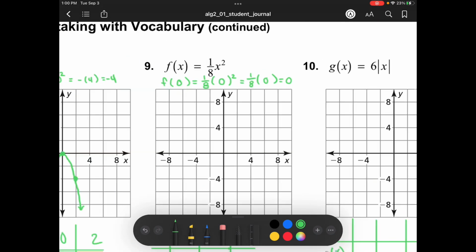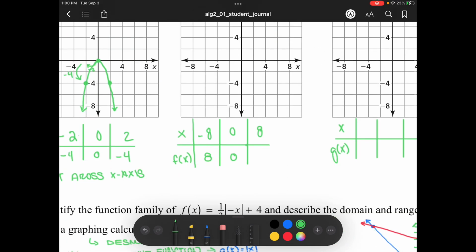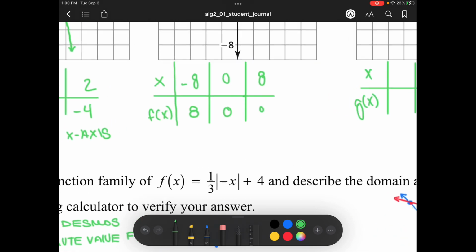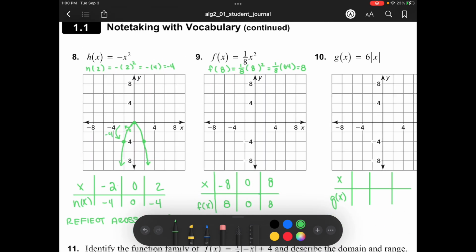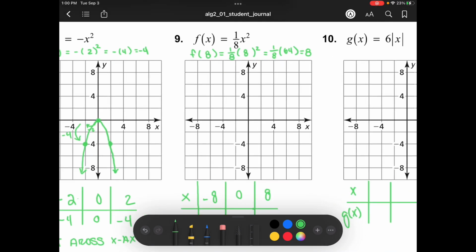Then the last one for this one that we're going to do is +8. 8 squared we said was 64, divided by 8 is 8. And this one, again, the parent function for this one is still going to be a quadratic, or an x squared, right?